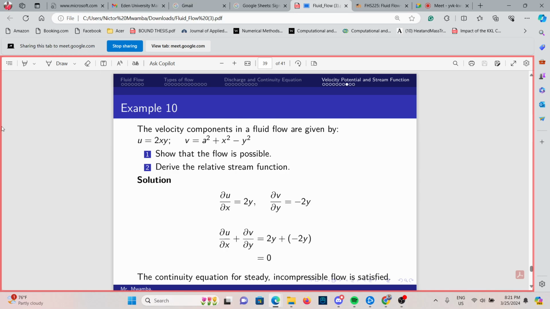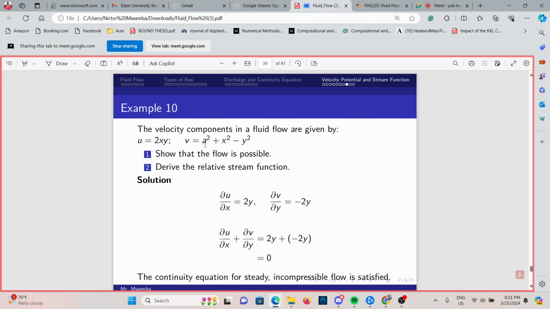So find the derivative of u with respect to x. This is your u. Differentiate it with respect to x, and you get 2y. Then your velocity along y, differentiate it with respect to y.